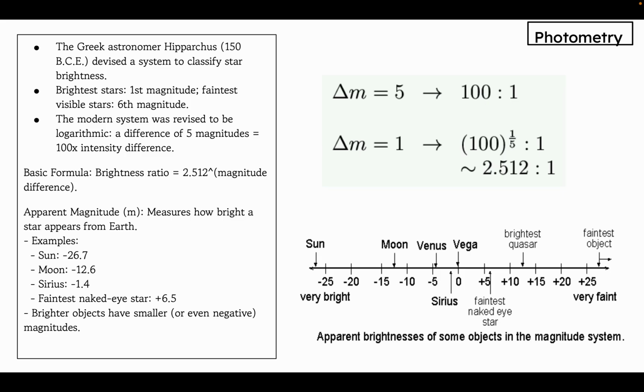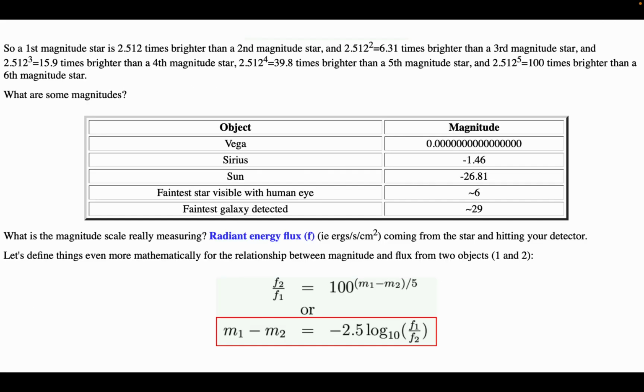In the previous scale we showed, Vega has magnitude 0, Sirius has magnitude minus 1.46, and the Sun has magnitude minus 26.81. With the human eye, we can see stars up to magnitude plus 26, and the faintest galaxy that has been detected has magnitude 29.